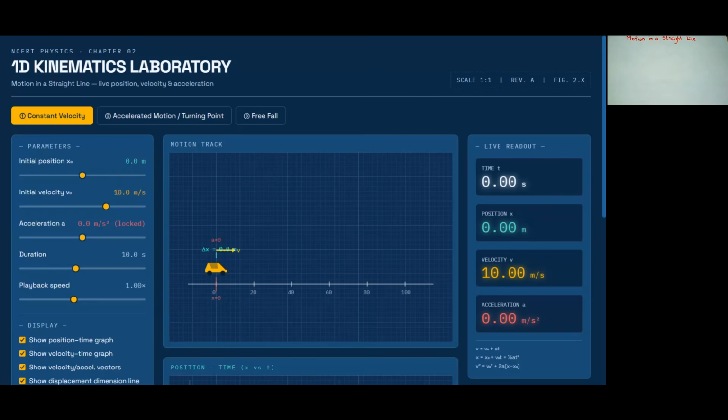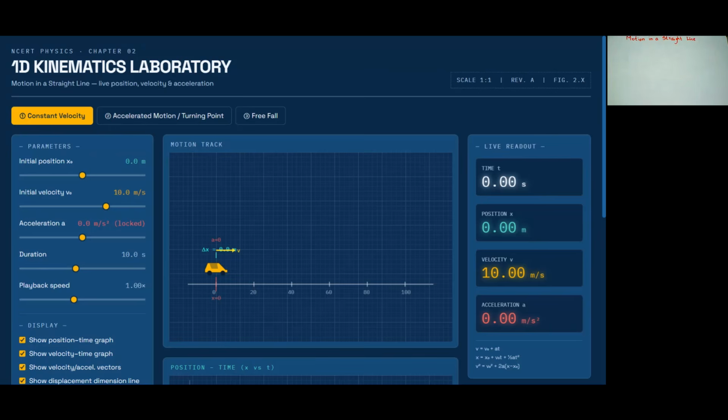But in our physics, we consider it as a point object. This is valid whenever the size of the object is much smaller than the distance it travels.